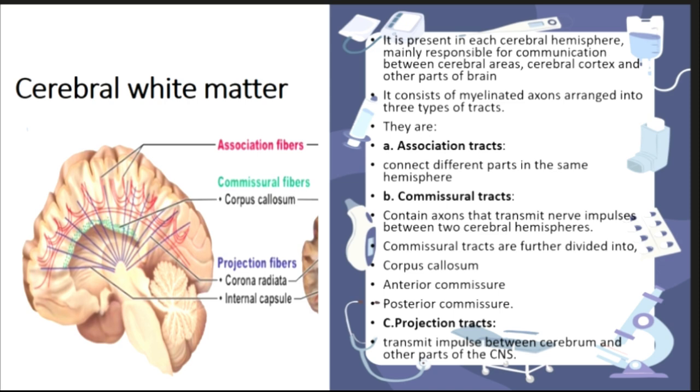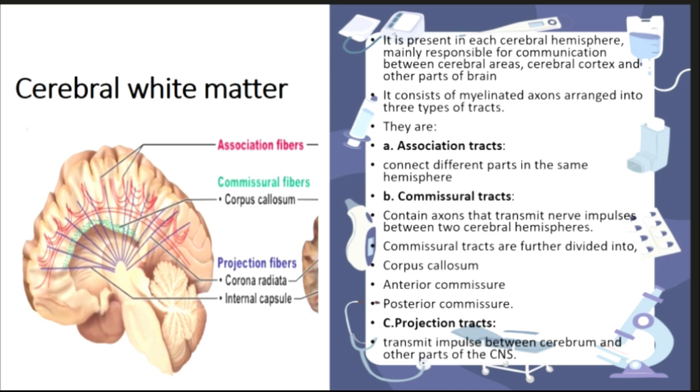All the impulses are connected or associated by this track. It sends signals within a hemisphere. If any stimulus is received in the right cerebral hemisphere, it will connect with the left. Where the stimulus needs to be sent, that particular area will be associated by this association track.